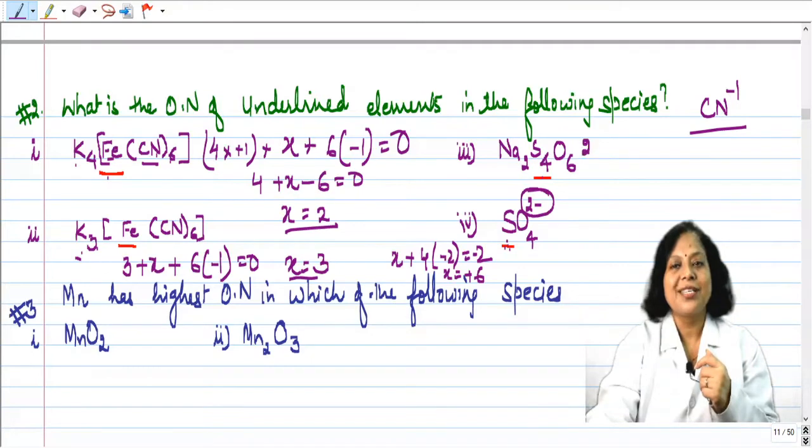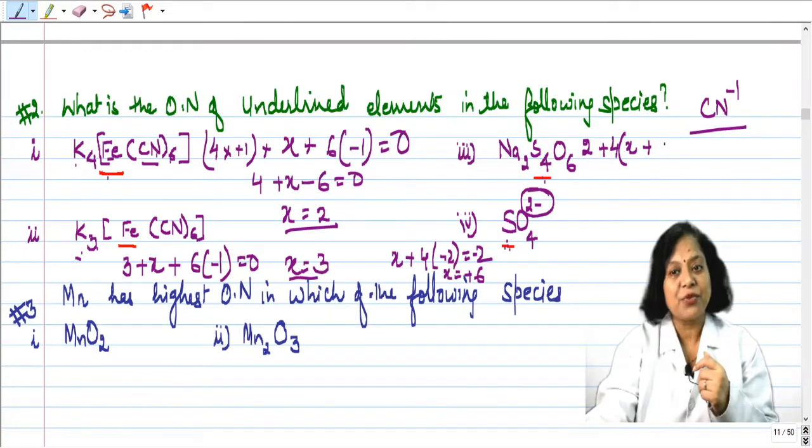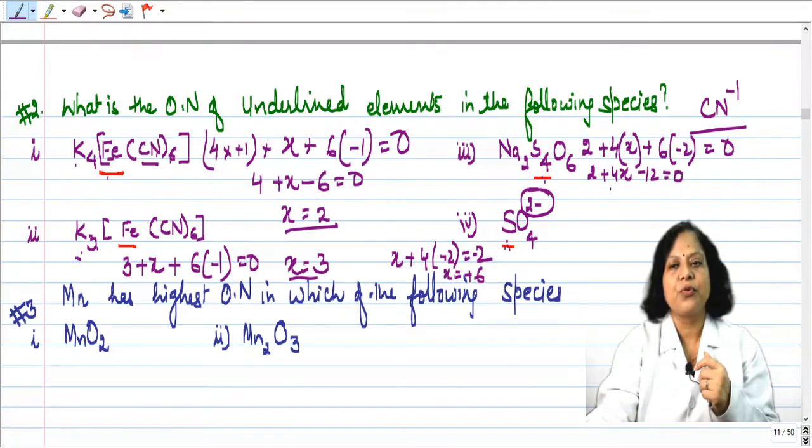Now again over here, Na2S4O6. Now this is 2 plus how many sulfurs are there? 4, and here you have to calculate. So this is X plus oxygen is how much? -2. So this is 4X, 6 into -2, is equal to 0, so 2 + 4x - 12 = 0, or X = 5/2.